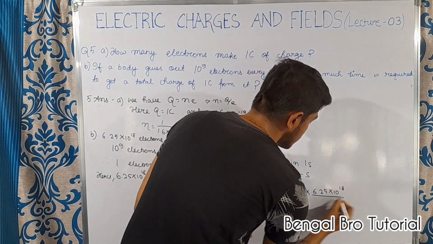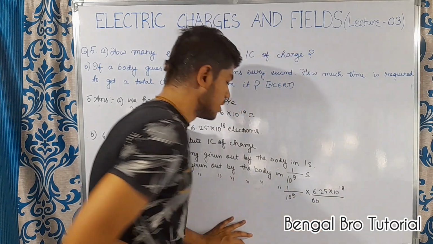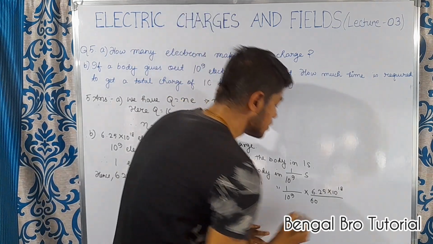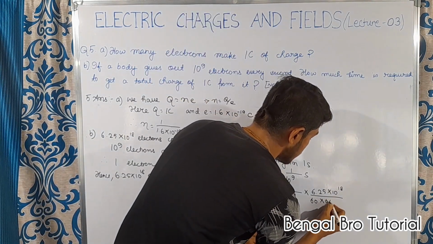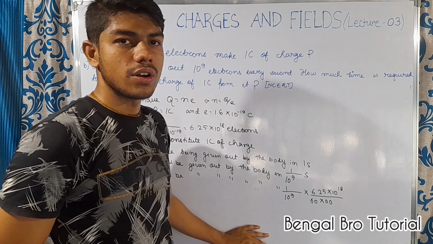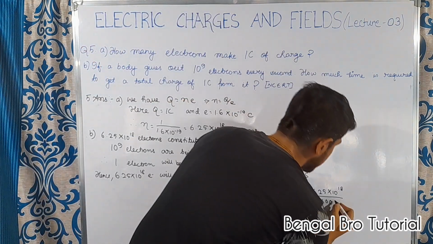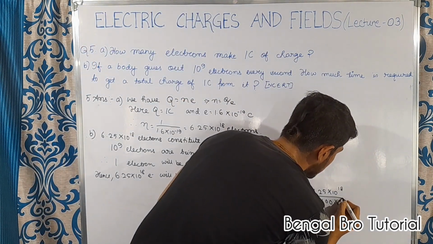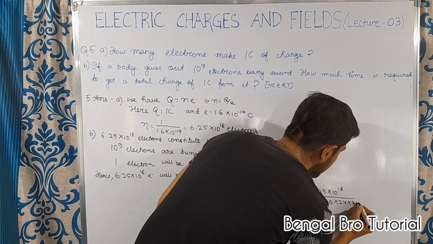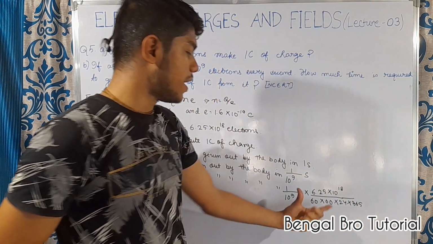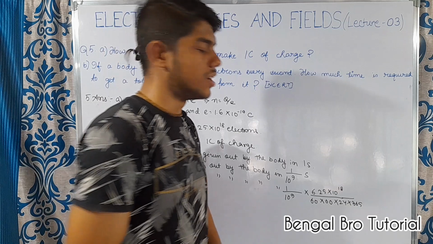Now if you divide it by 60, it will get converted into minutes, and then again if you divide it by 60, it is going to get converted into hours, divided by 24, and then 365. So the whole value gets converted into years.